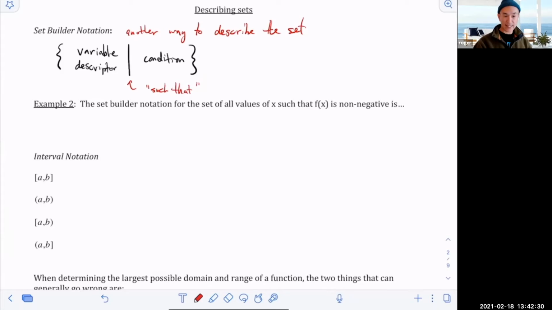For example, let's say you want to describe the set of all even numbers.